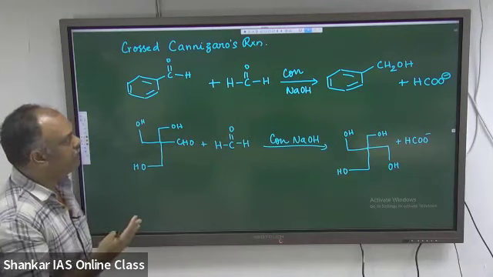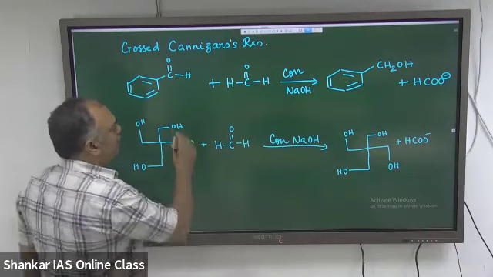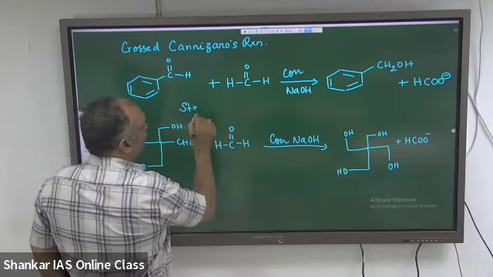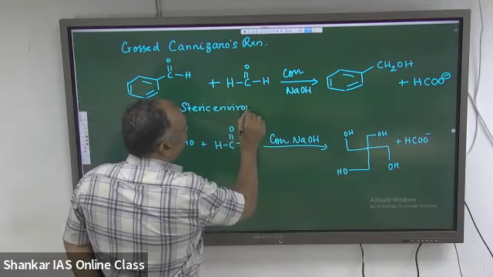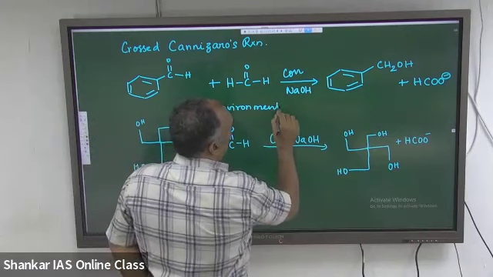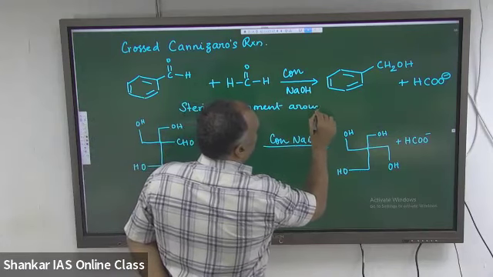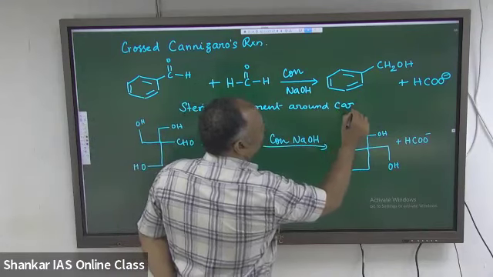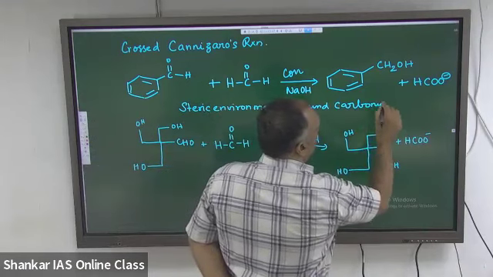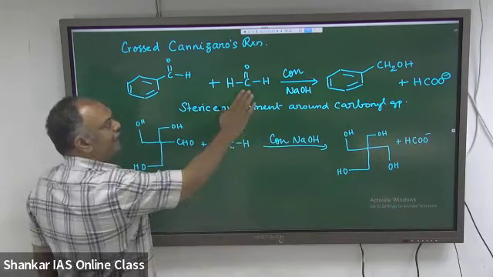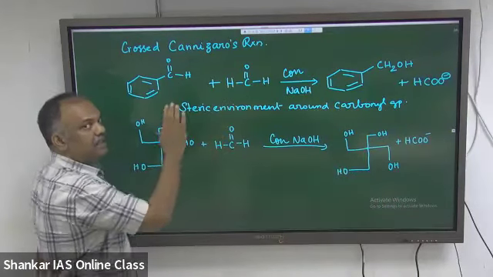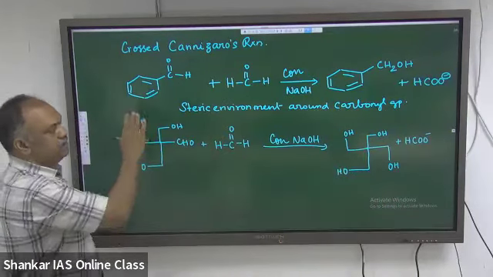That depends upon the steric environment around the carbonyl group. You will see that formaldehyde is less sterically hindered compared to benzaldehyde.